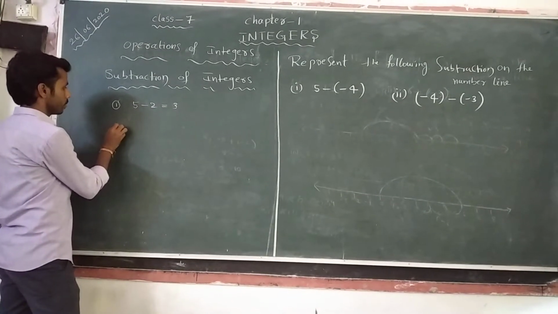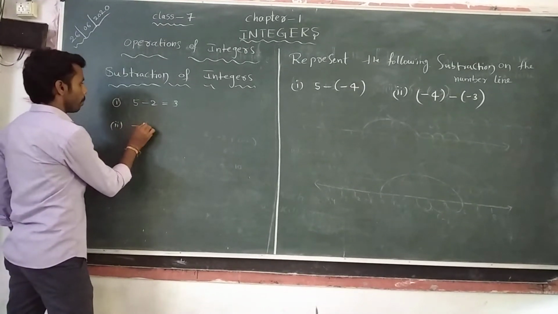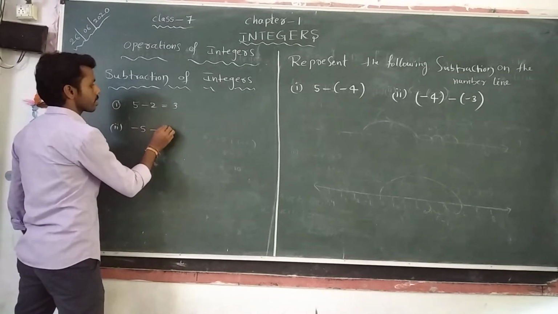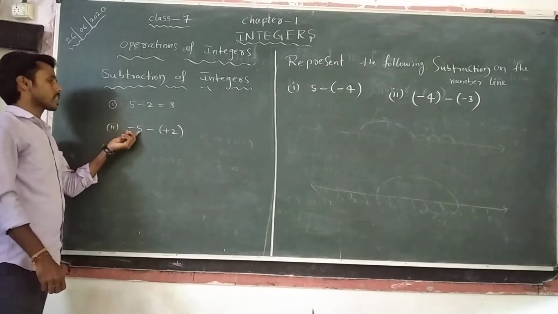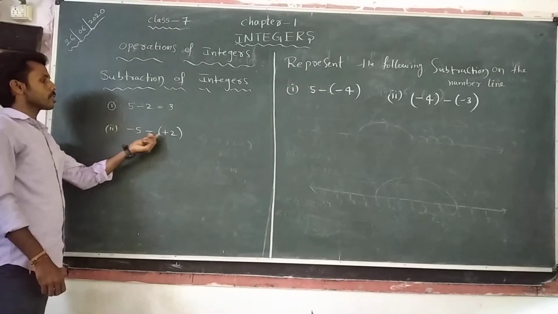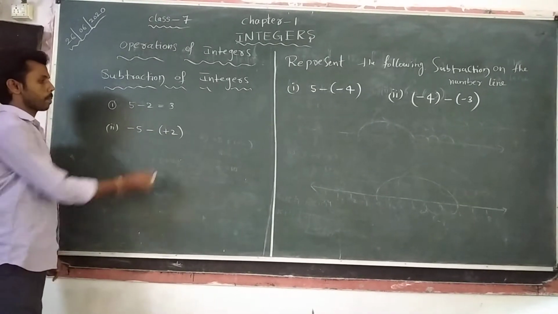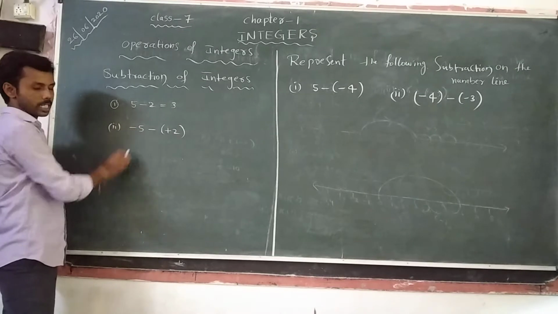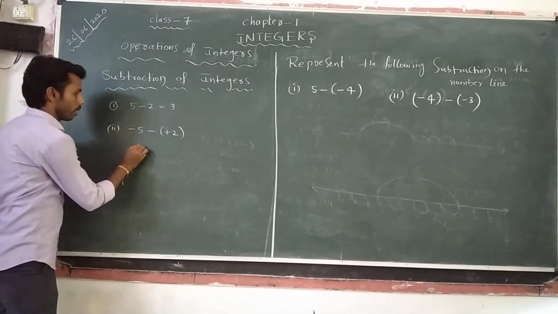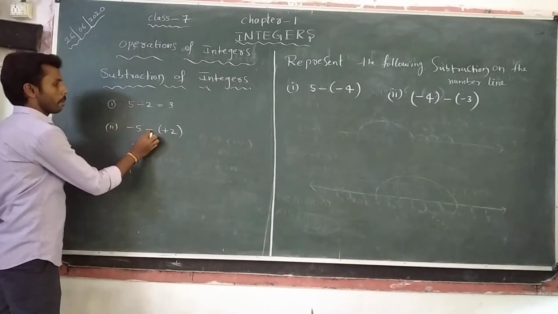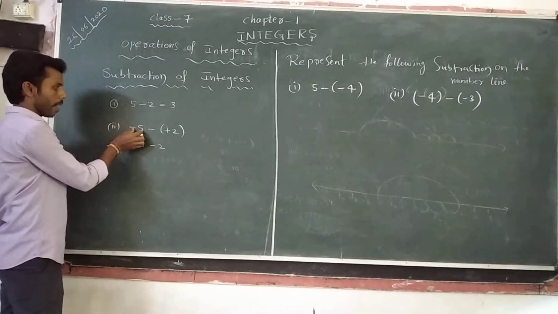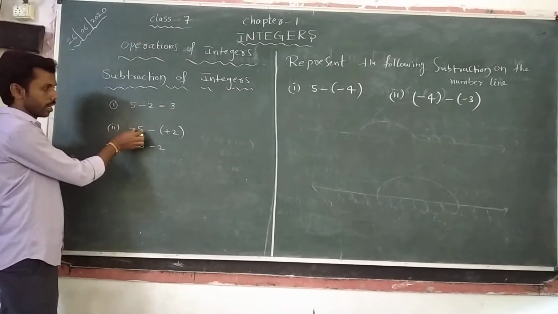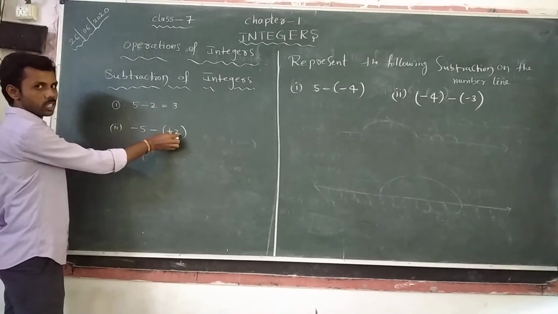Another example: minus 5 minus plus 2. So plus 2 is subtracted from minus 5. Here minus 5 is a negative integer and plus 2 is a positive integer.